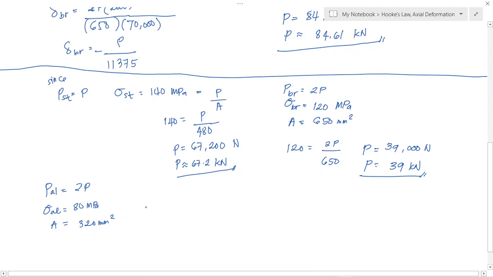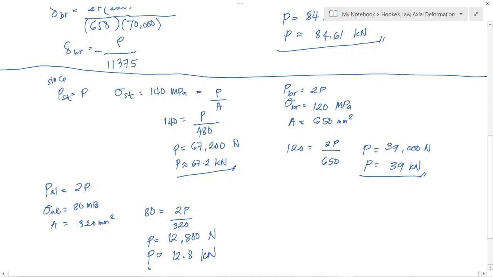Now, apply the stress formula. We have 80 is equivalent to 2P divided by 320. So, P will be equal to 80 times 320 divided by 2, 12,800 Newton, or P is simply 12.8 kilonewton.